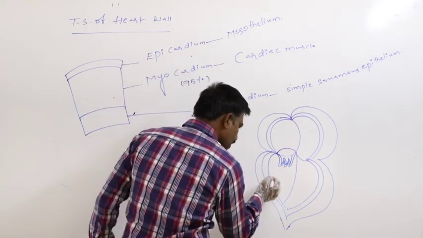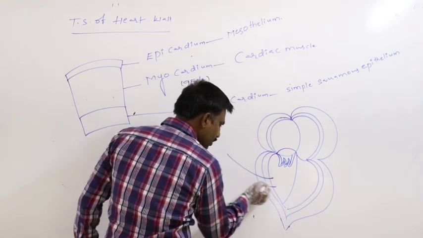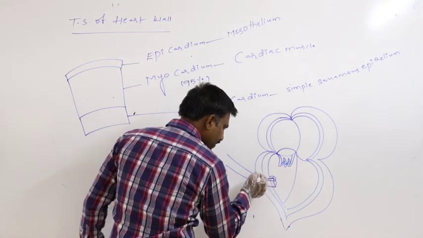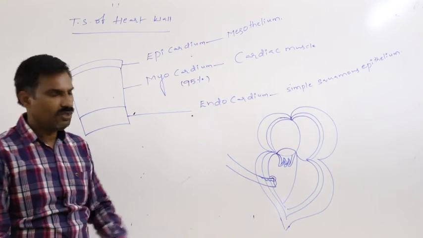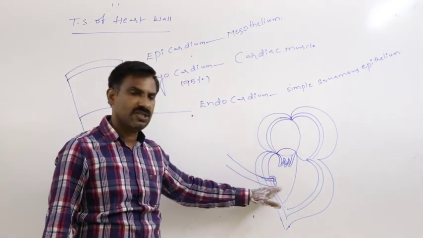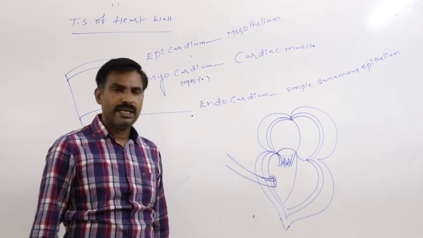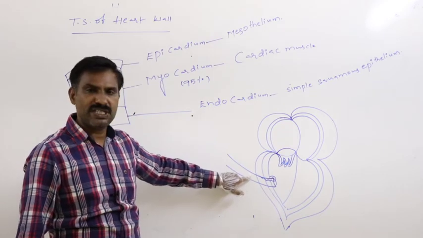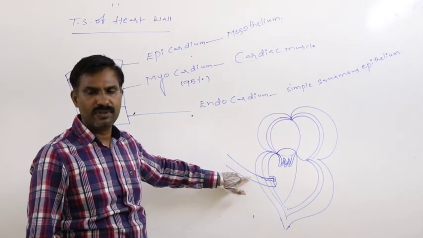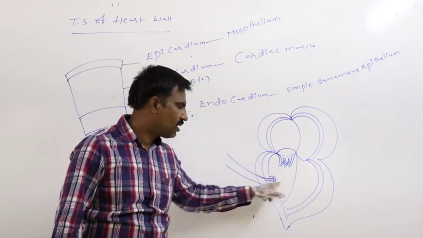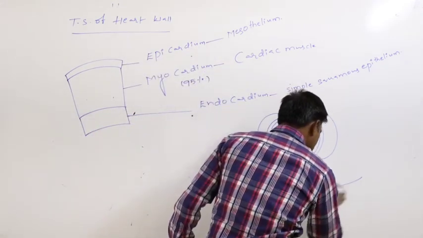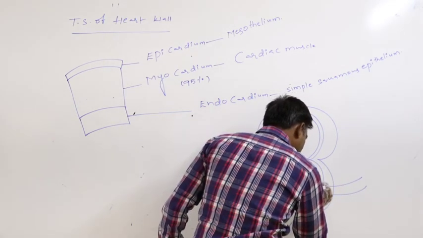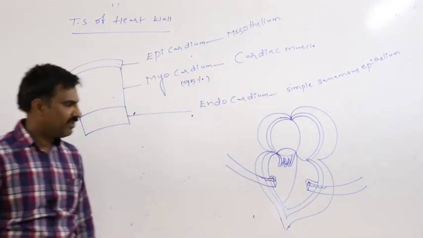Endocardium also extends into the big sized blood vessels which open into the heart chambers, as endothelium. Here also this is a big sized blood vessel, into which endocardium extends as endothelium.